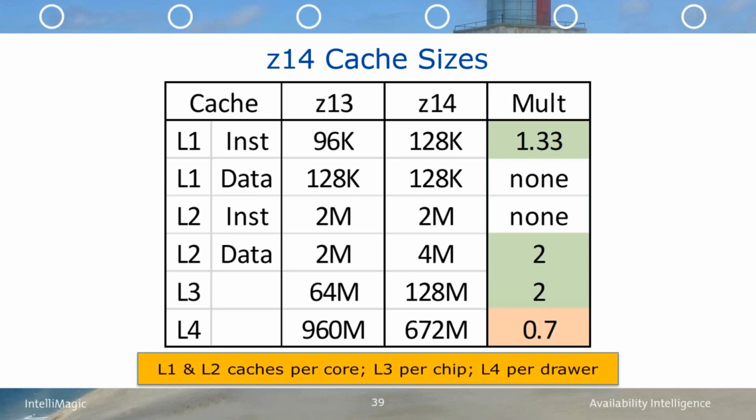IBM's analysis says this reduced latency for remote cache accesses more than offsets the decrease in the size of level 4 cache from 960 megabytes spread across 2 separate nodes on the Z13 to a single 672 megabyte cache on the Z14.